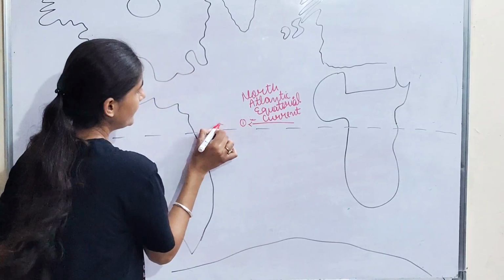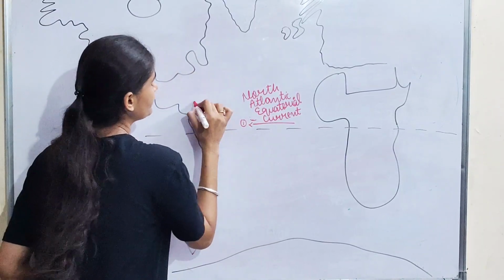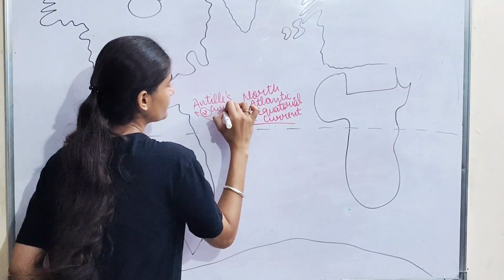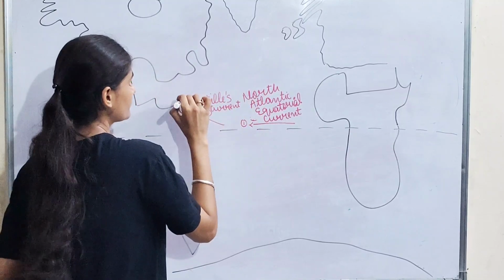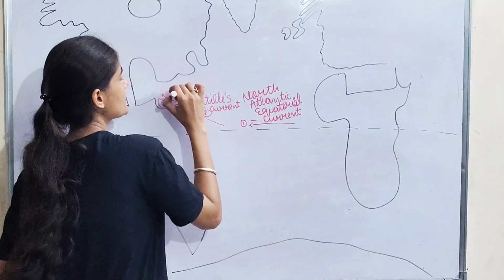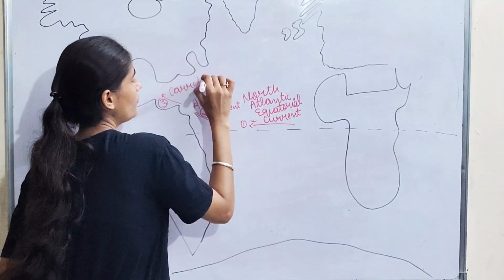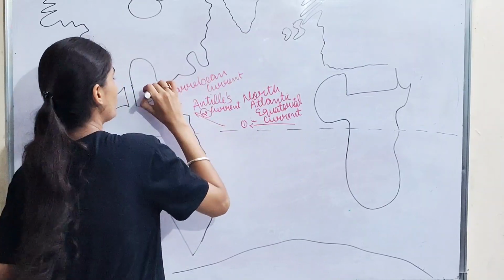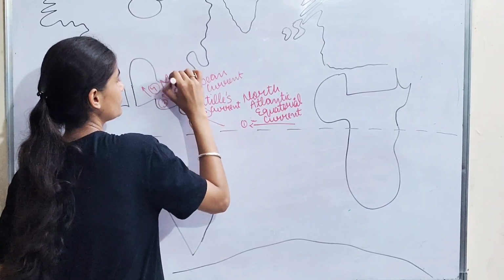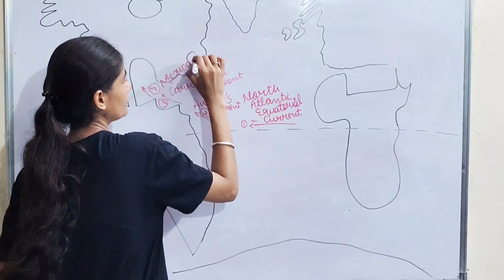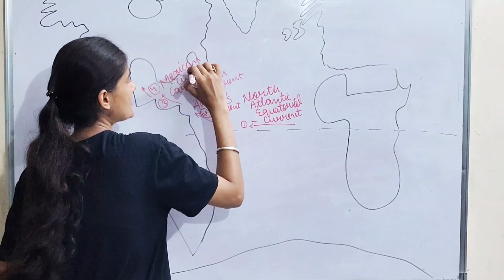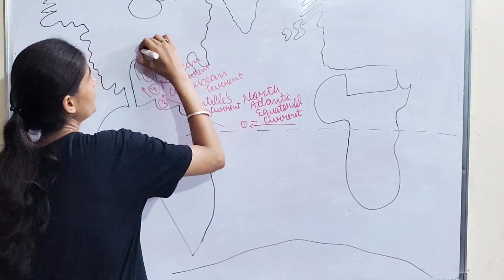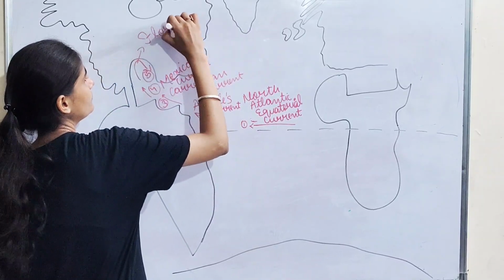The second current is the Antilles Current. Third is the Caribbean Current. Fourth, Mexican Current. Fifth is the Florida Current.